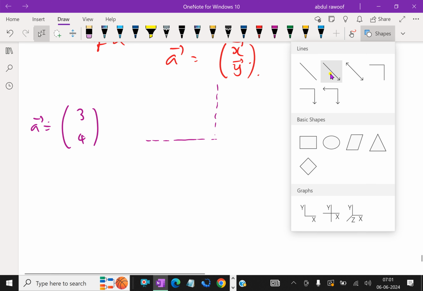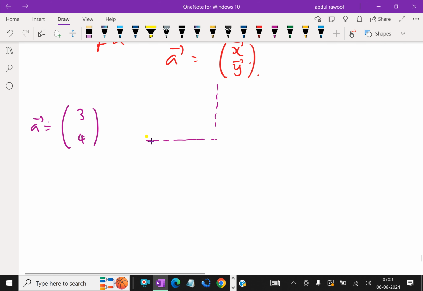Then we can draw a vector accordingly. You can say x is 3 and y is 4. Vector A is like that. We can find this angle by using trigonometry also.